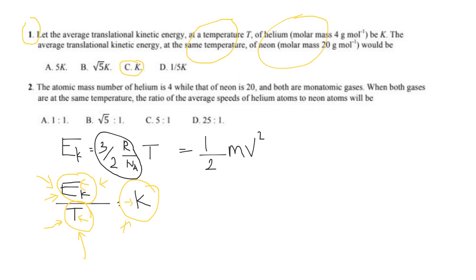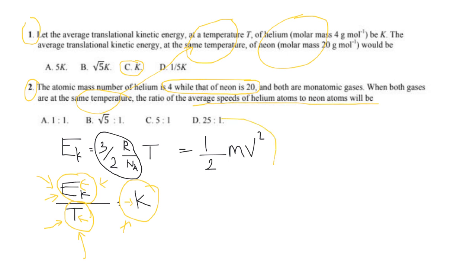The second question is a little bit more complicated. The atomic mass of helium, same as neon, okay, we're using the same ratios. When both gases are at the same temperature, like here, the ratio of the average speeds will be, now, why would the speeds be different?